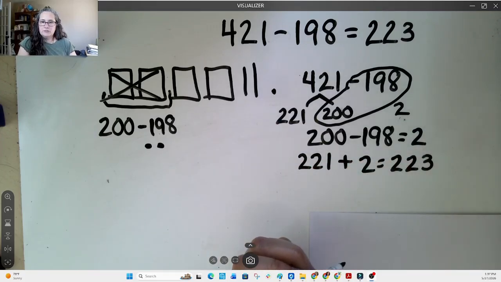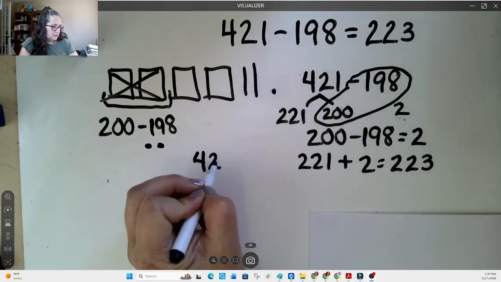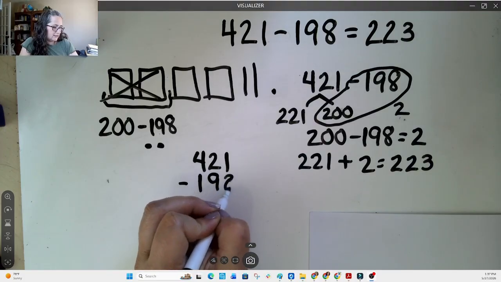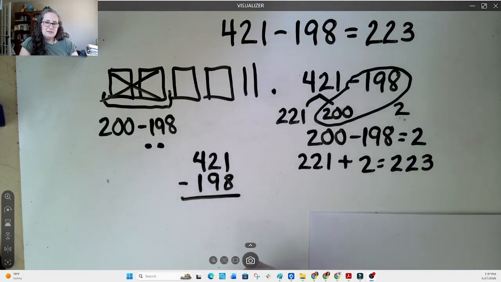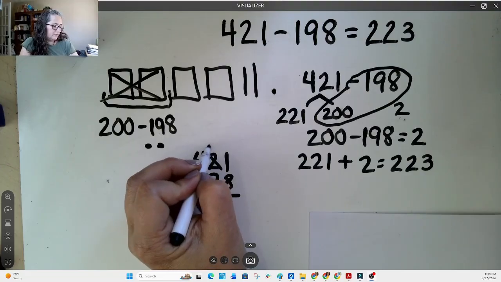So at first, when we're doing this with 2-digit numbers, this strategy might not feel super efficient. But when you think about what students would have to do to use the standard algorithm to subtract 421 minus 198, this strategy starts to look a lot more useful with larger numbers. In order to do this, I would have had to regroup and rename.